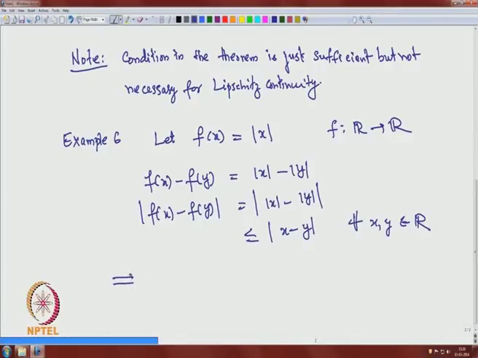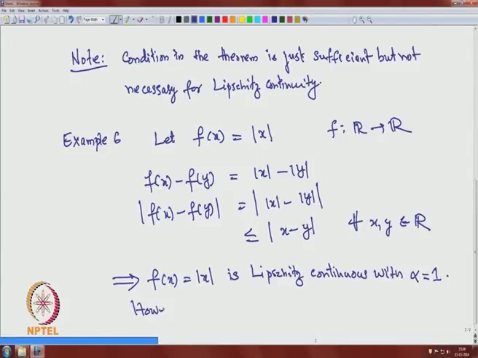This implies that f(x) equal to mod x is Lipschitz continuous with the Lipschitz constant alpha as 1.